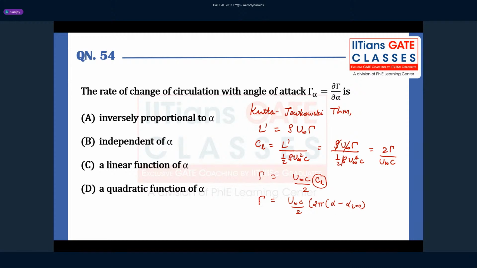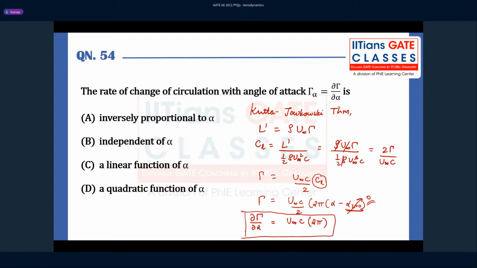Now you can take the derivative of this. So dou gamma by dou alpha is equal to u infinity into C into 2 pi, right? That's it. Alpha L equal to 0 is not dependent upon alpha, right? So the derivative with respect to alpha of this term will go to 0, right? So this is what you are getting.